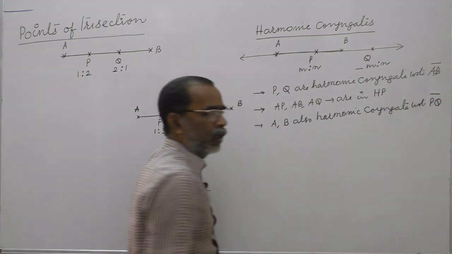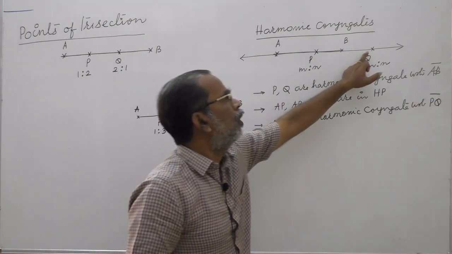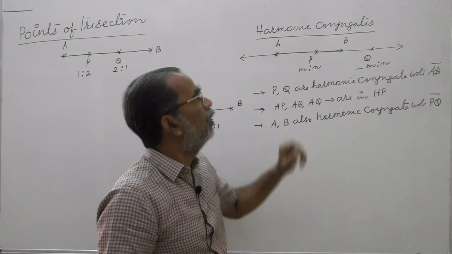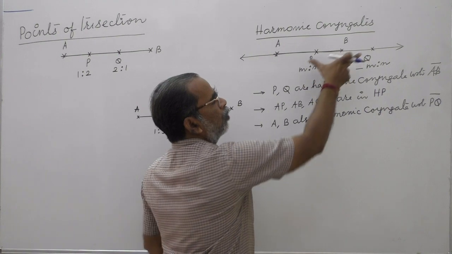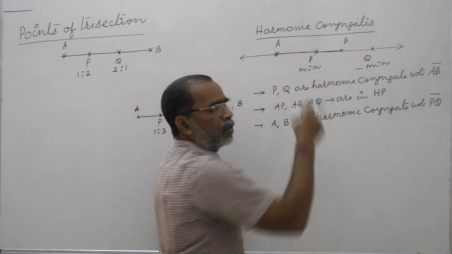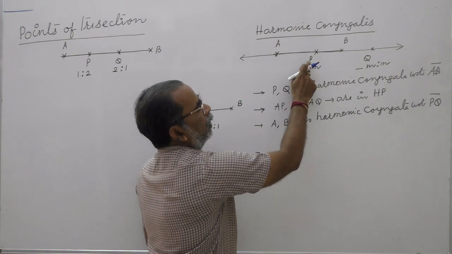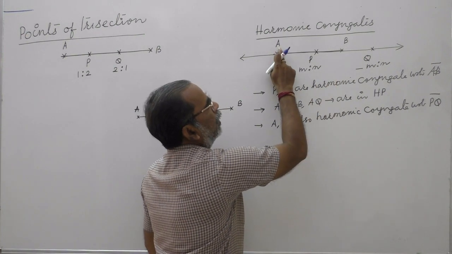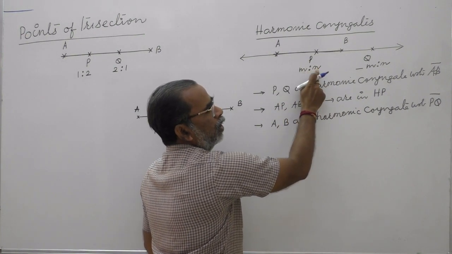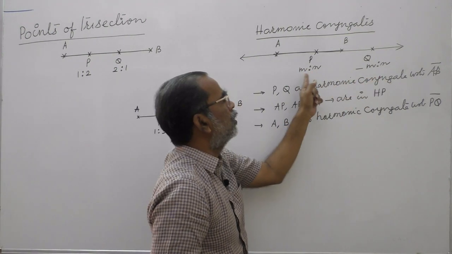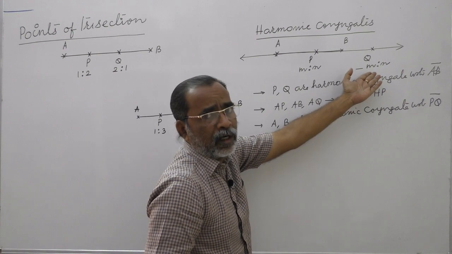This is important. If P and Q are harmonic conjugates of line segment AB, then A and B are harmonic conjugates of line segment PQ. Okay, if P and Q are dividing AB in the ratio m is to n, both ratios are the same, equal. This is internal, this is external.